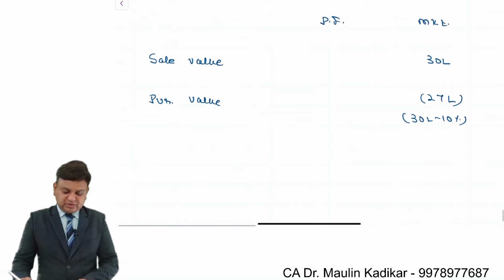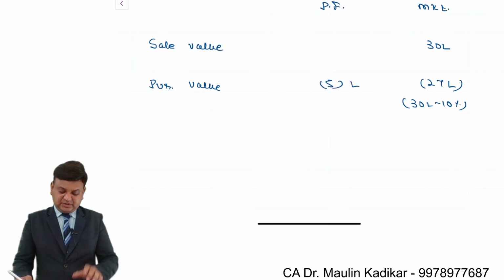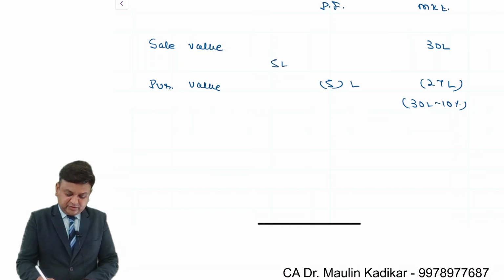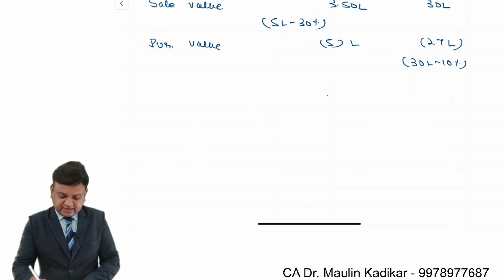As far as the portfolio is concerned, the value of the portfolio is 5 lakhs. With the reduction in the market by 10%, the portfolio value reduces by 30%. So it comes to 3,50,000. So there is a loss of 1,50,000.